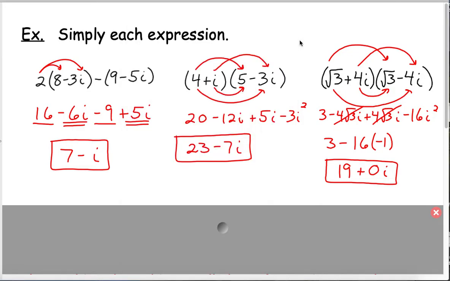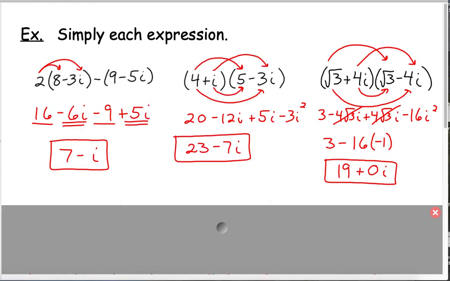Now, sometimes you might see, let me write this over here, 19 minus 4e negative 13i. What the calculator is saying is 19 plus negative 4 times 10 to the negative 13th power times i. What's negative 4 times 10 to the negative 13th? Well, if we move the decimal 13 places to the left, that's a really, really tiny number.